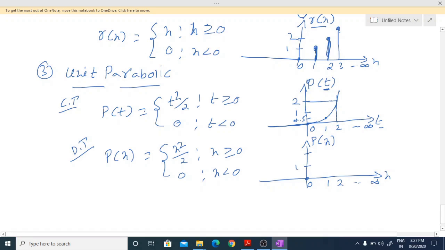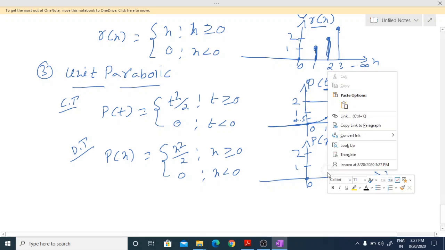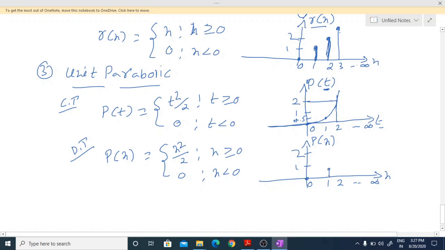When n equals 0, the amplitude is 0. If n equals 1, the amplitude is 0.5, and if n equals 2, the amplitude is 2. If n equals 3, then 3 square by 2 means 9 by 2, which is 4.5.